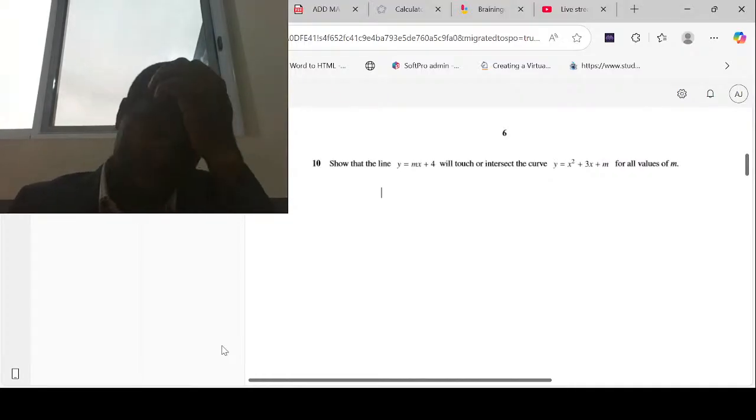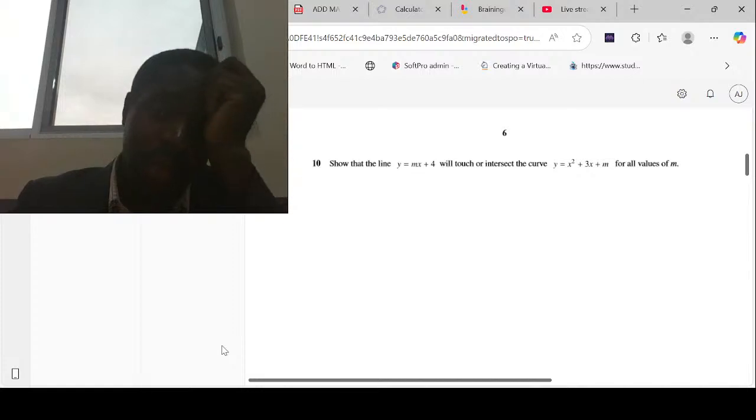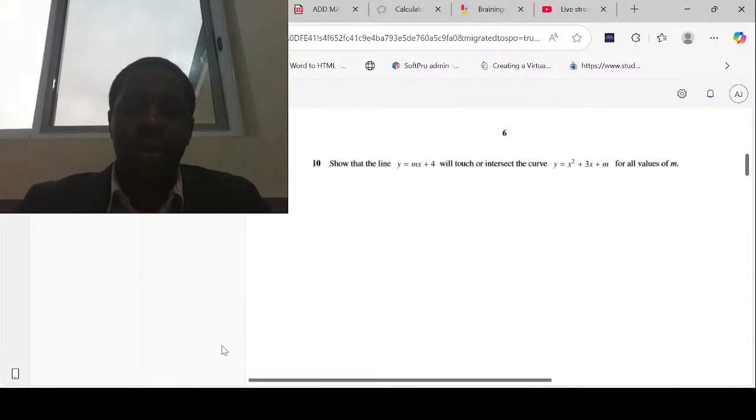Okay, so the first thing we're going to do is, yesterday we talked about the equation of a straight line, right? So every straight line is given by y equals mx plus c.